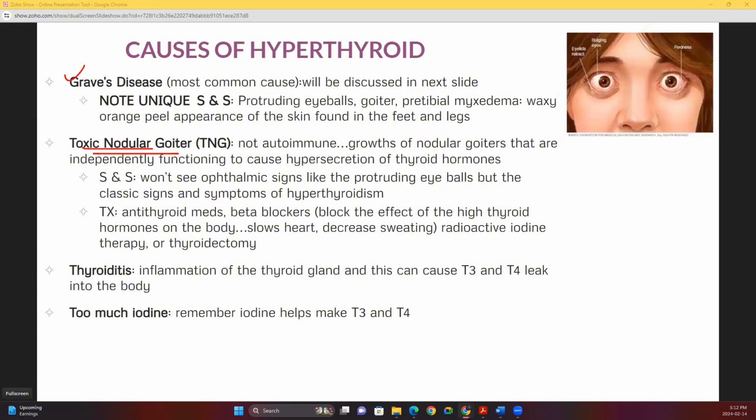Toxic nodular goiter is not autoimmune, but it is toxic nodular goiter, or we can say thyroid storm. The medication we will discuss later; it is antithyroid. And thyroiditis: inflammation is happening, too much thyroid is being produced or too much iodine is there.